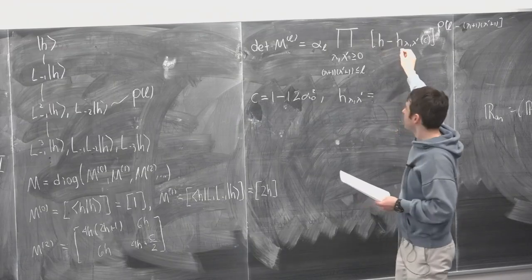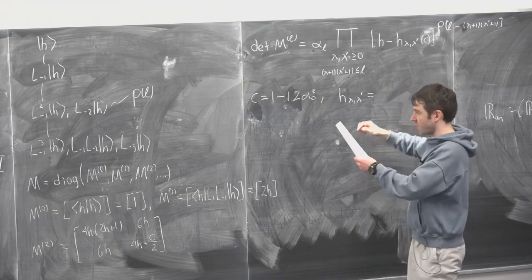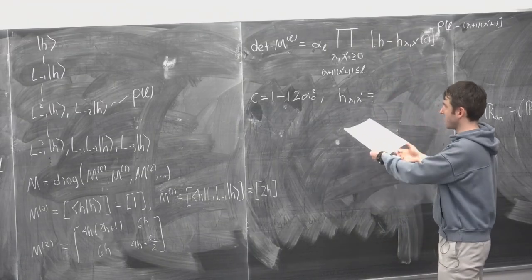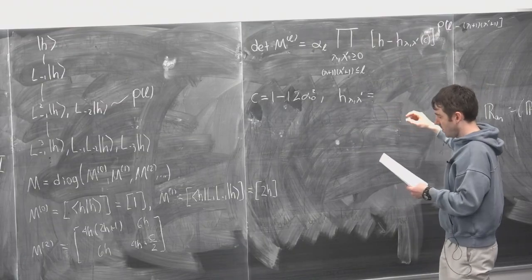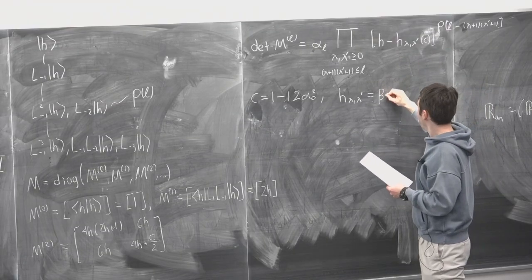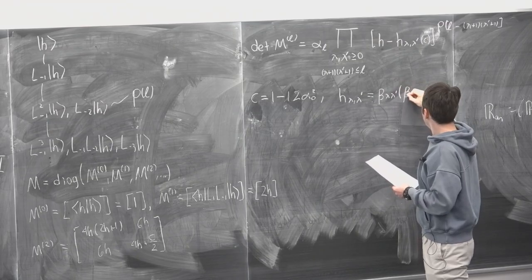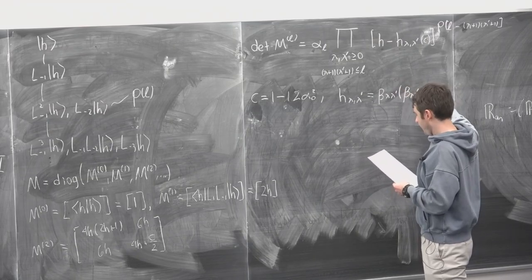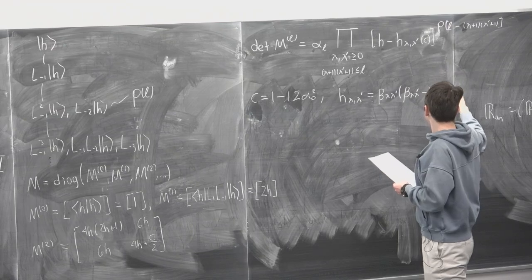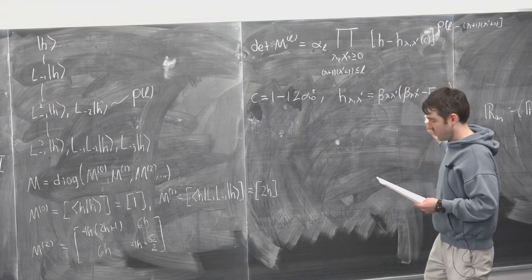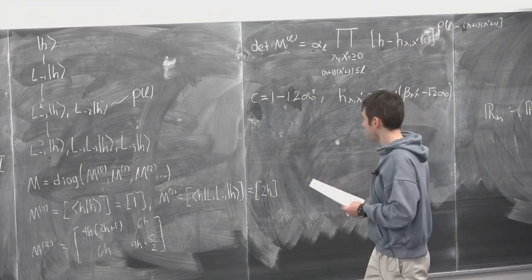And then these special weights, which give rise to states at some level of zero norm, have this parametrization, and I need to tell you what beta is.